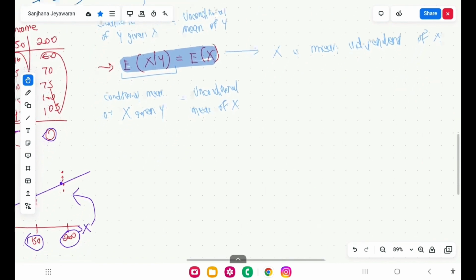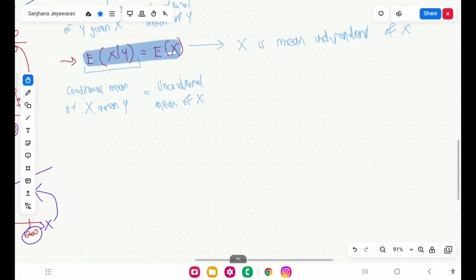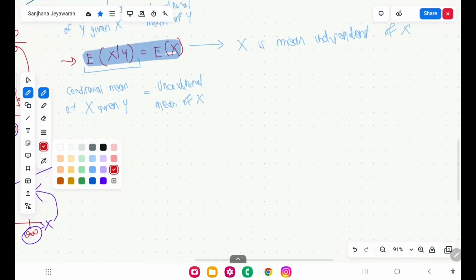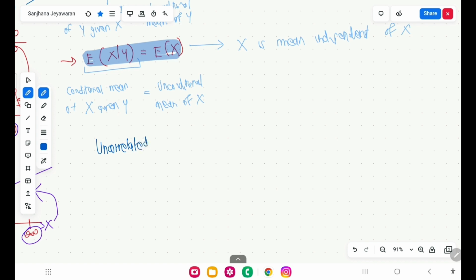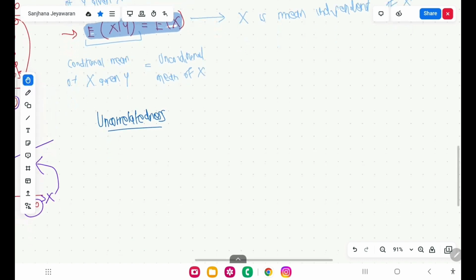Alright, next let's move to uncorrelatedness. Uncorrelatedness is very simple. When we say uncorrelated, that means the correlation is equal to 0. That is where we specifically refer to lack of linear relationship.